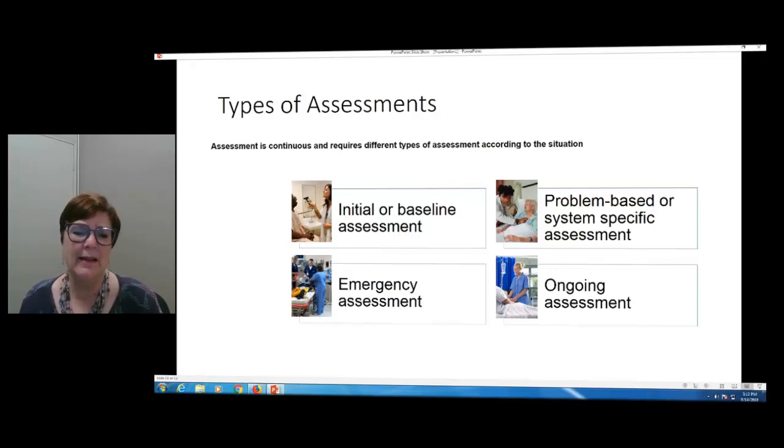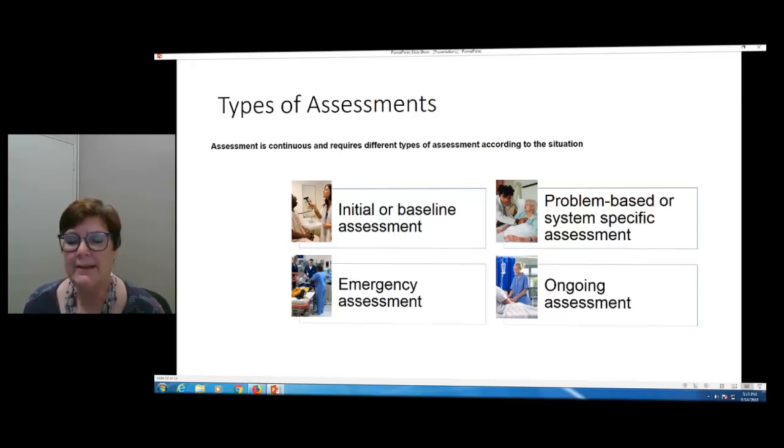So this is baseline assessment, and it usually is a more thorough assessment. You see with my little picture, she's looking in the patient's mouth. Again, it's going to be a little more comprehensive than, say, the shift head to toe. It will be head to toe, and you'll be taking a history of the current problem and of past medical history with an initial or baseline assessment.